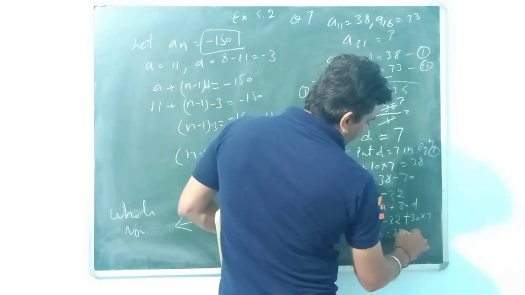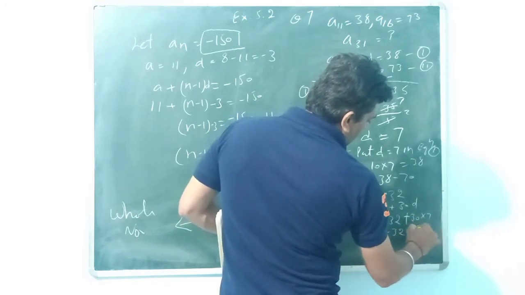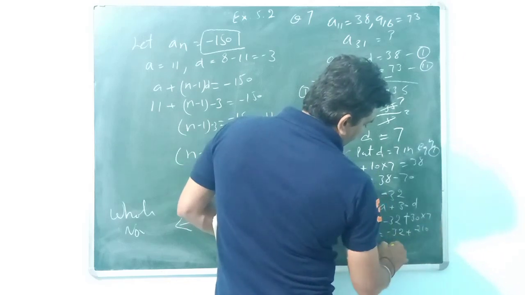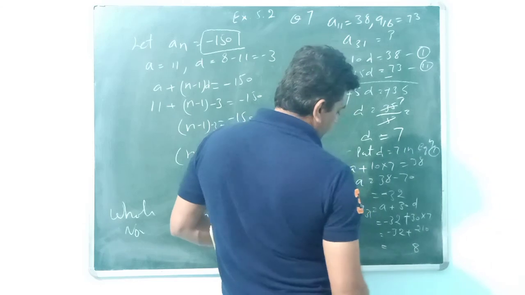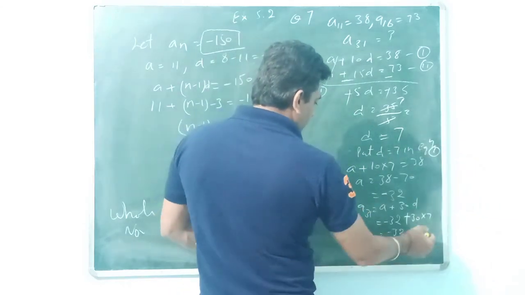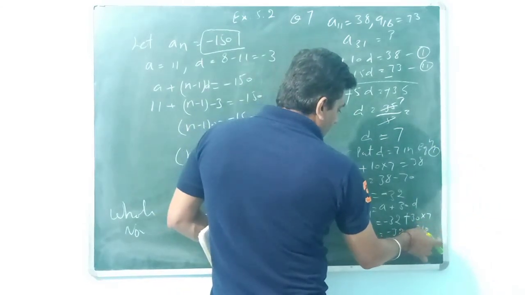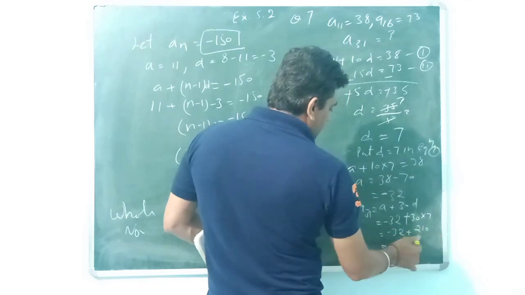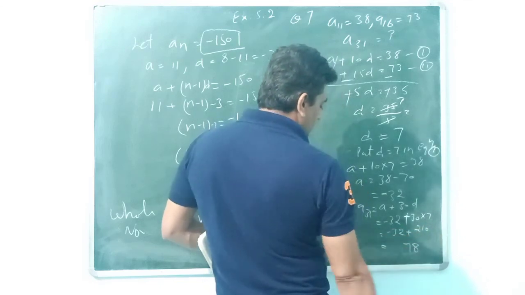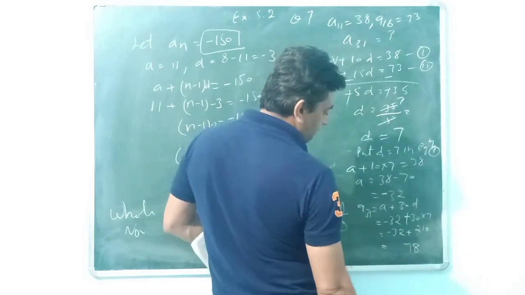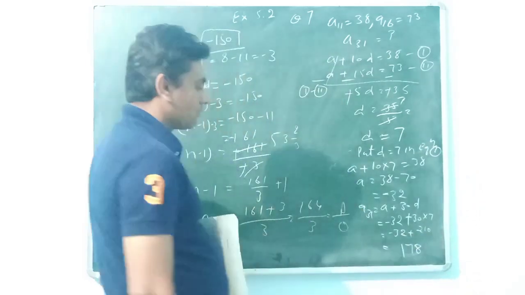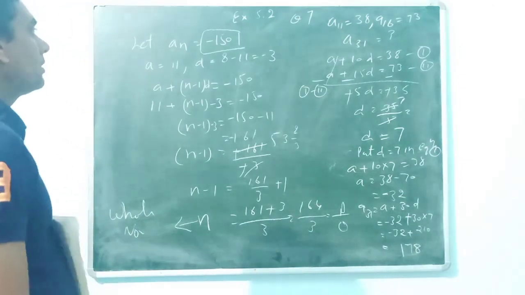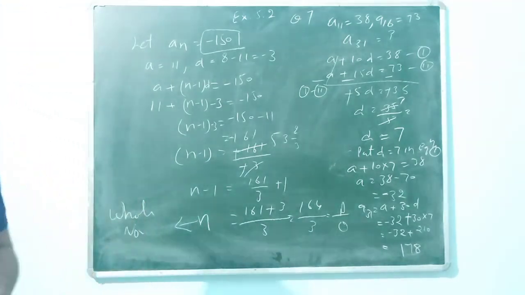Minus 32 plus 210 gives 178. So a31 is 178. Move to question number 8.